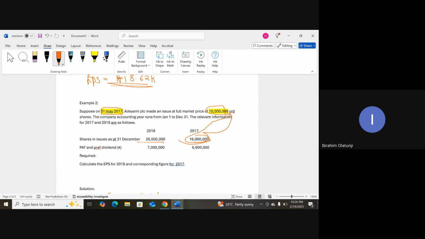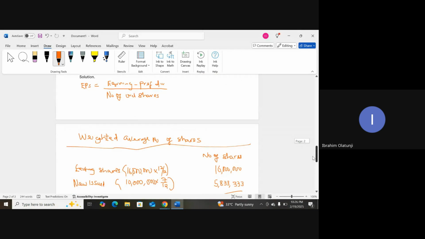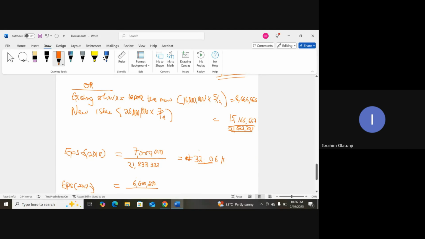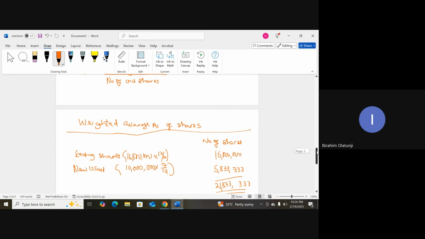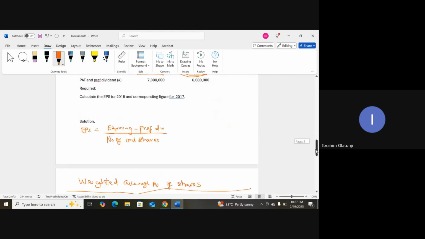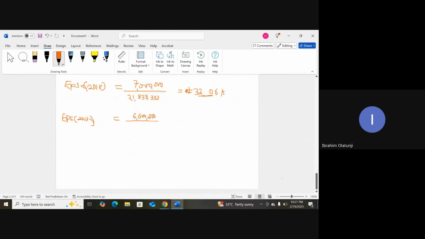So this is what you are using to divide EPS of that corresponding month. Because this value, let me give you the logic. This 21 million that you see as a number of share is inclusive of 2018. You get it now? Because 2017 will come before 2018. Then when you are doing 2017 separately, the number of share for that time is 16 million, as at that December. Hope it is clear.